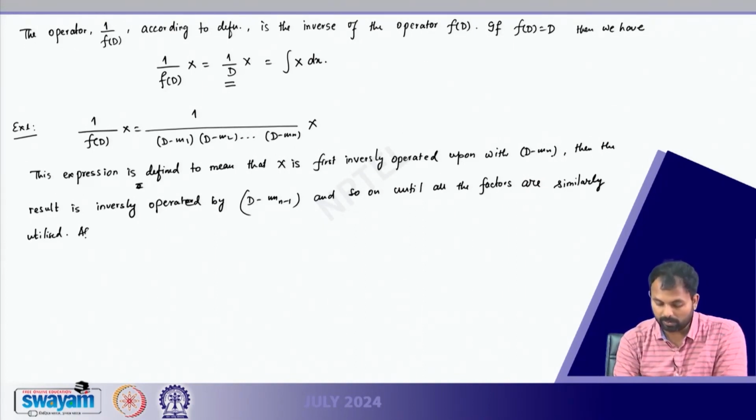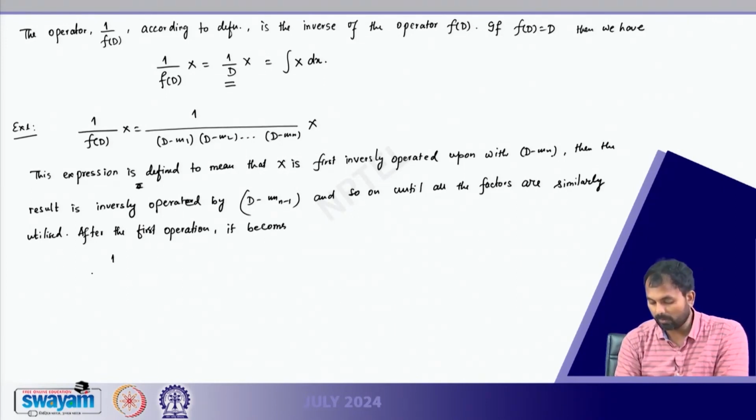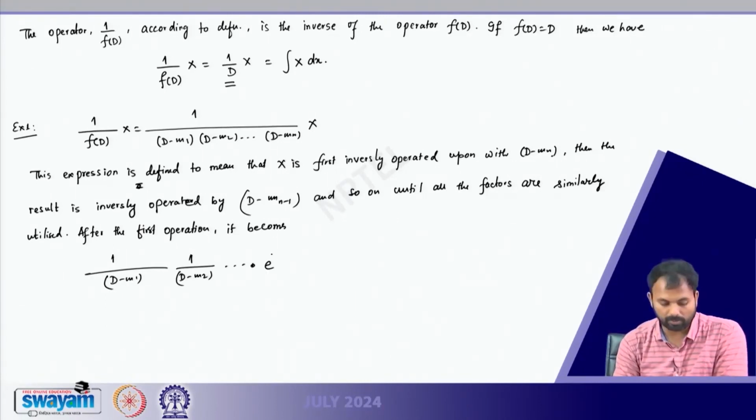So after the first operation, what will happen? It becomes 1 by (D minus m1), then 1 by (D minus m2), and so on, e to the power mn x, capital X, e to the power minus mn x dx.